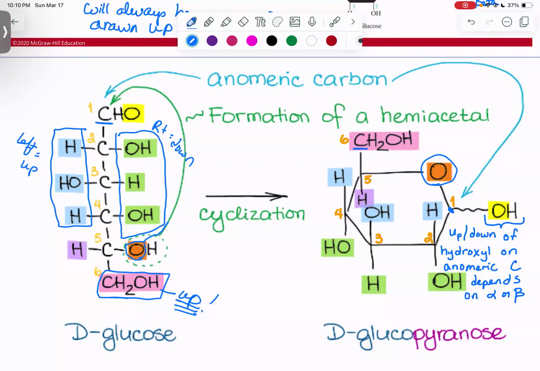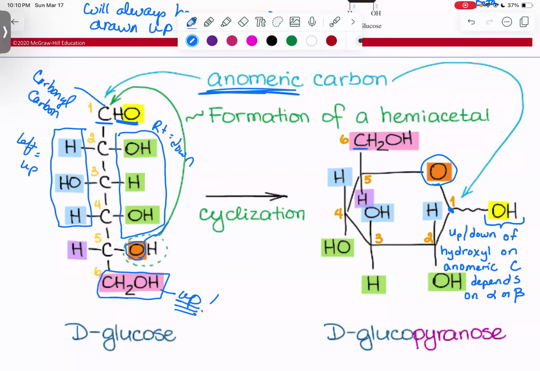So what was your carbonyl carbon? So this is the carbonyl carbon. Because really, what does this HO here mean? It means we have a double bond O and we have a hydrogen, right? Okay. So what was the carbonyl carbon now becomes the anomeric carbon.